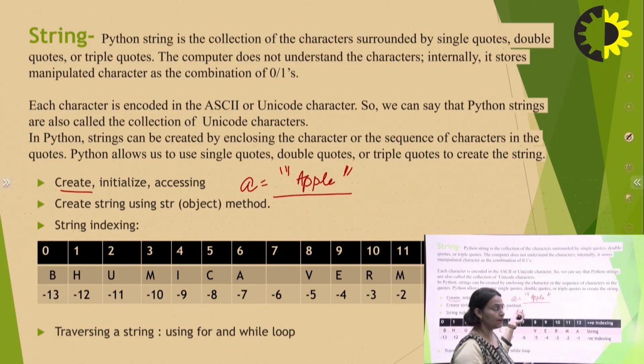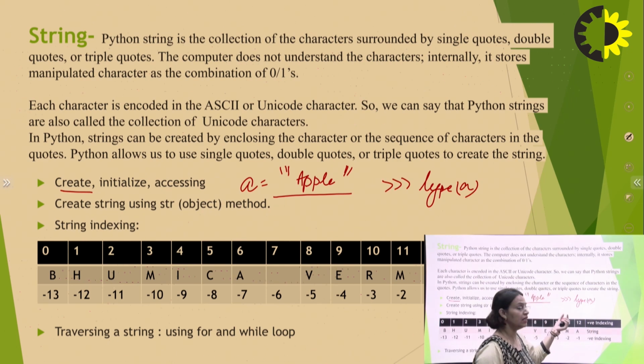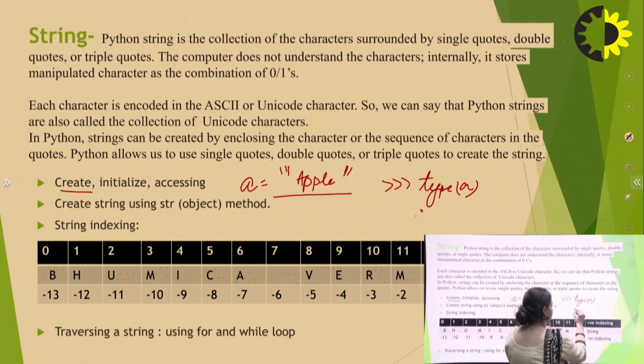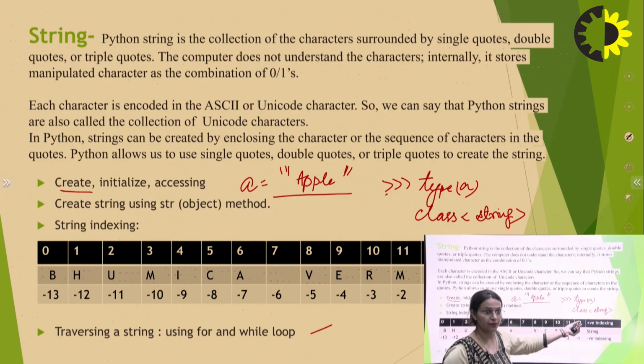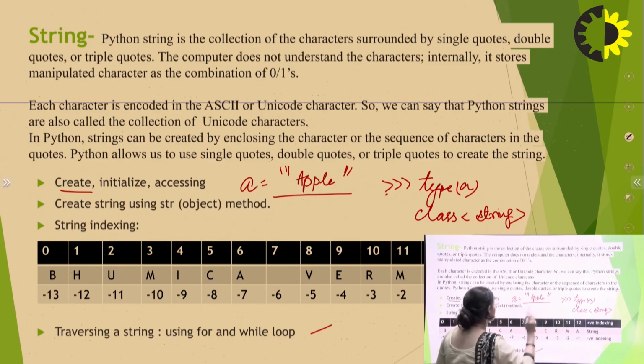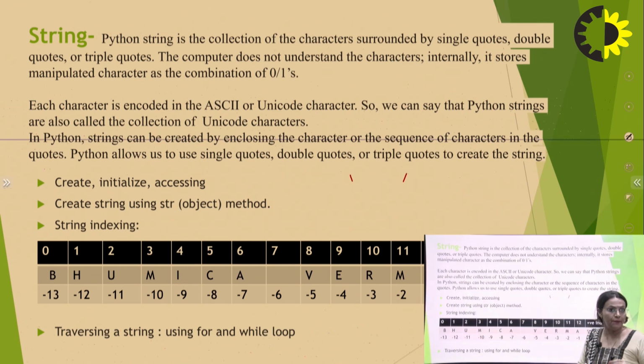If I ask what is the type of a in the Python interpreter, it will return the type of this a as class str, which simply means that this variable a having value apple belongs to the string data type. This is how we can create a string, even with single empty quotes.